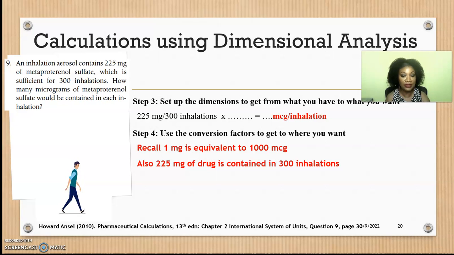Also, 225 milligrams of drug is contained in 300 inhalations. So we set up 225 milligrams per 300 inhalations times a conversion factor of 1000 micrograms per 1 milligram, and we're going to end up with 750 micrograms.